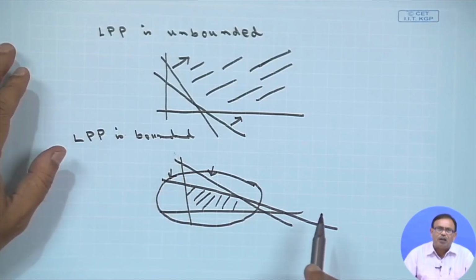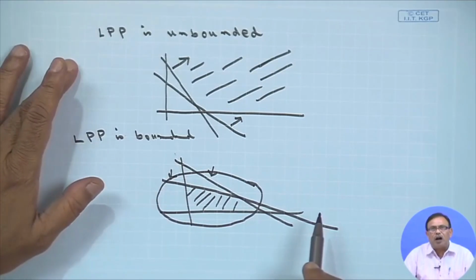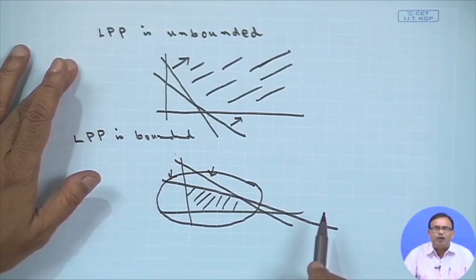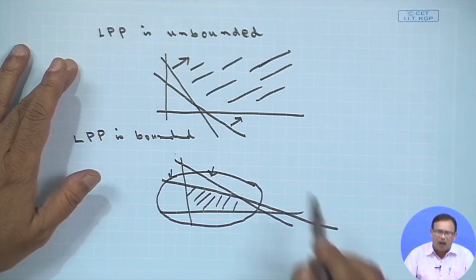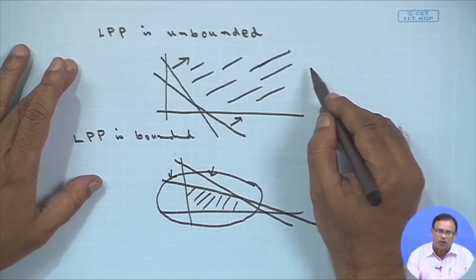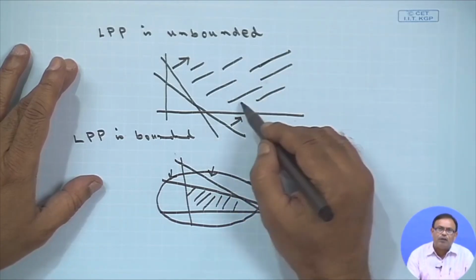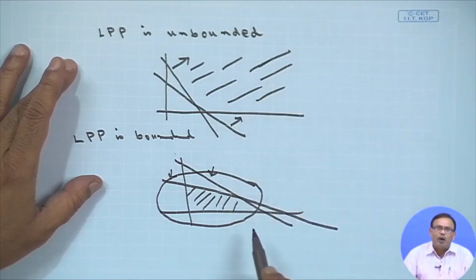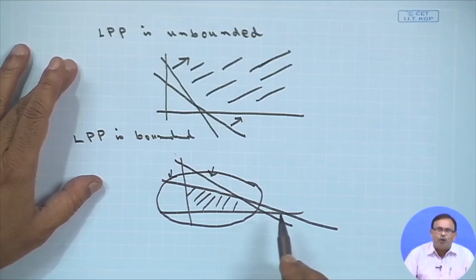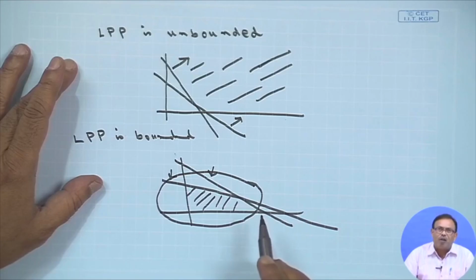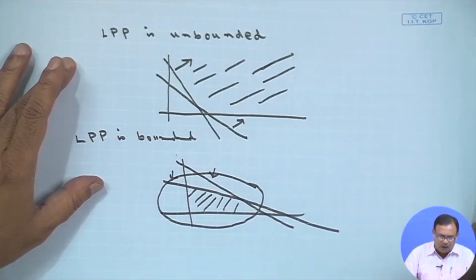So graphically, the LPP is unbounded if the feasible region extends indefinitely in the same direction, whereas the LPP is bounded if we can draw a circle of sufficiently large radius such that the feasible region lies inside the circle.